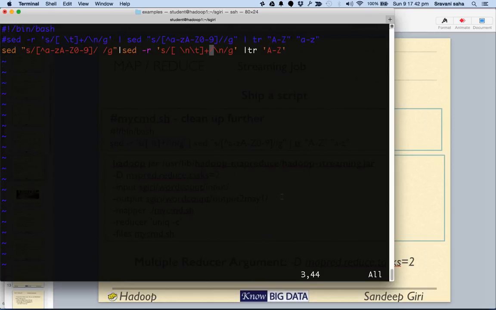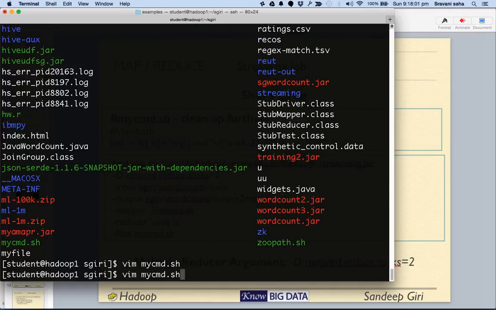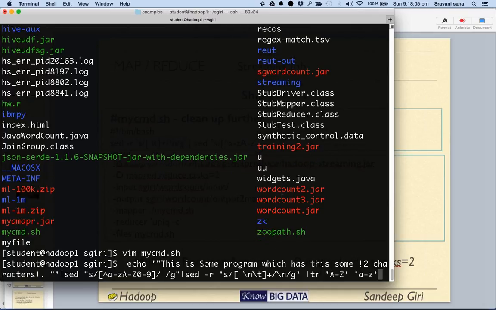Okay, and also note -r. -r is for applying the regular expression.